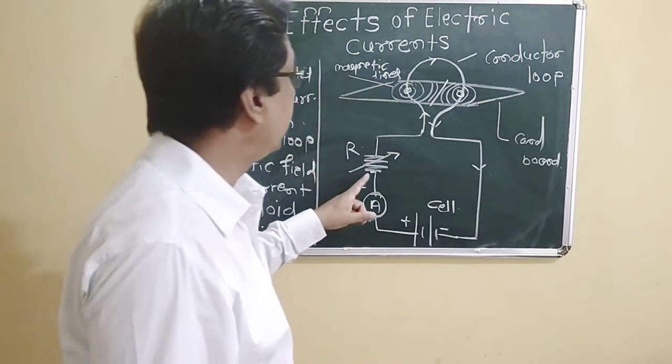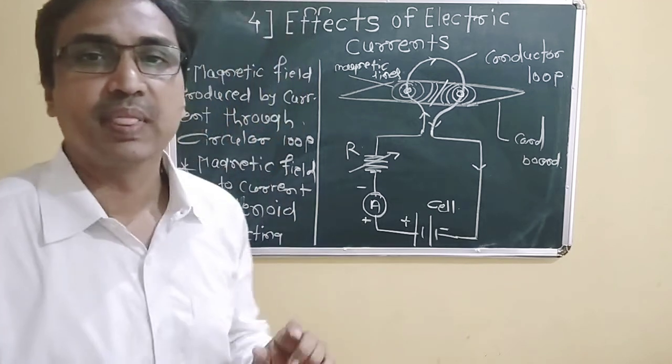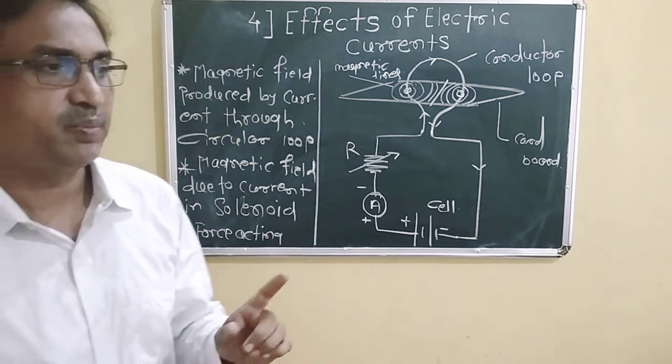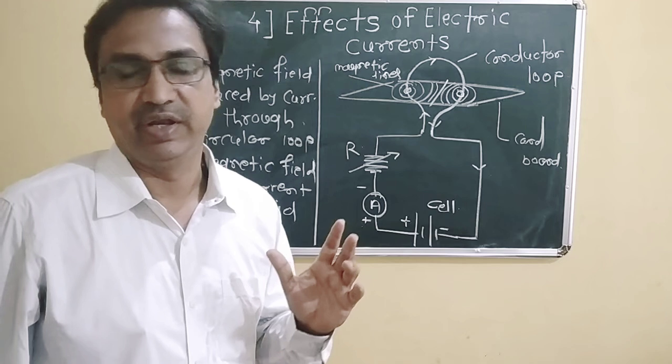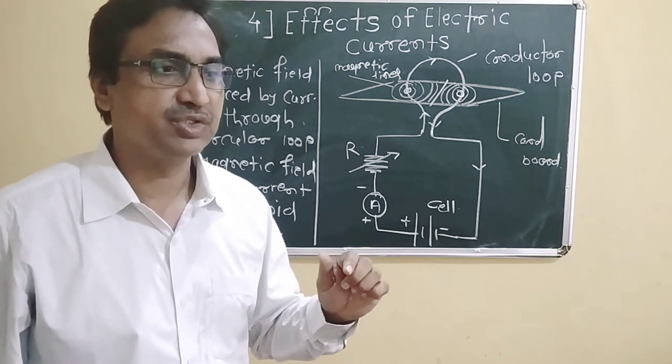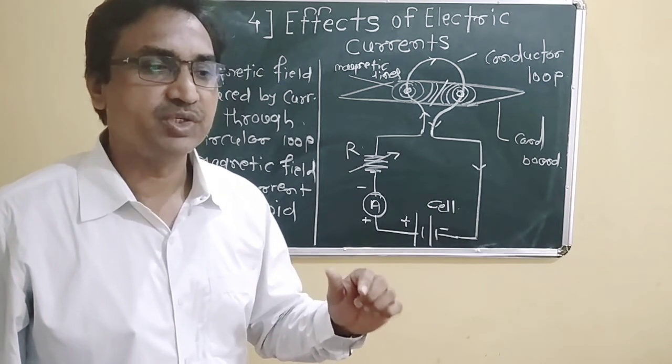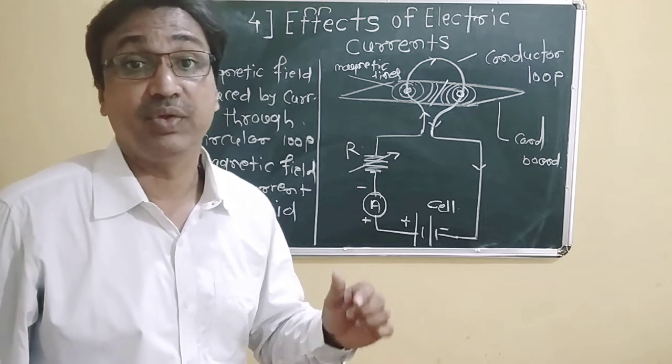And here is a rheostat, for changing the resistance, and by changing the resistance we can control how much electric current is flowing in the circuit.